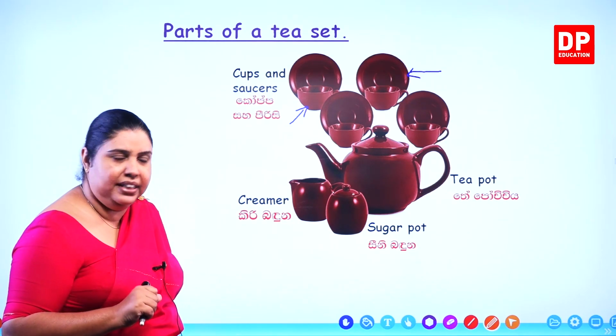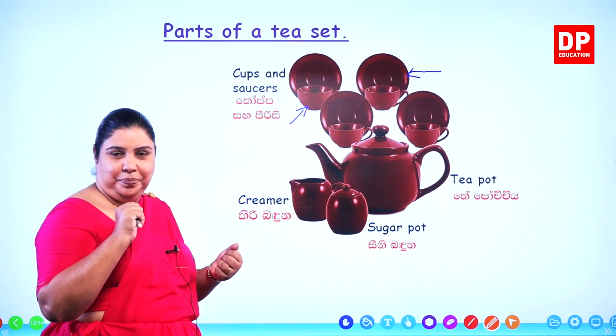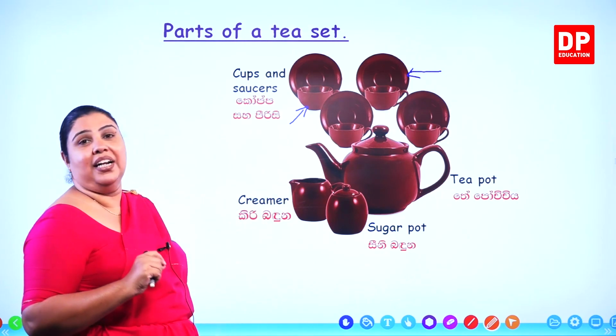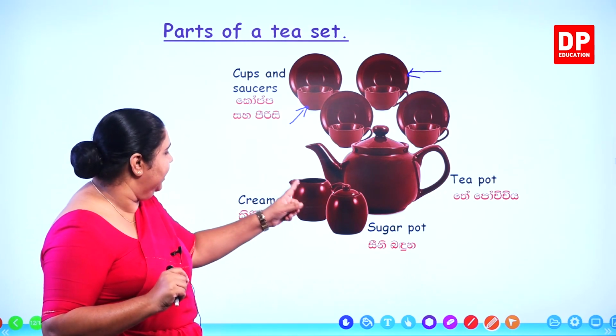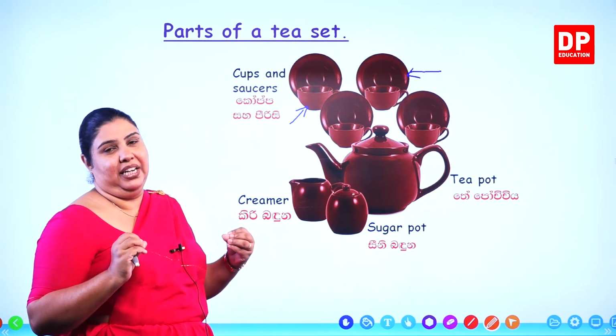Then we have another little container over here. It's like a little jug. පුංචි jug එකක් වගේ මෙන්න මෙහෙම උල් වෙච්ච කටක් තියෙනවා ඒකට. We call this the creamer. The creamer කිරි දාන භාජනය.